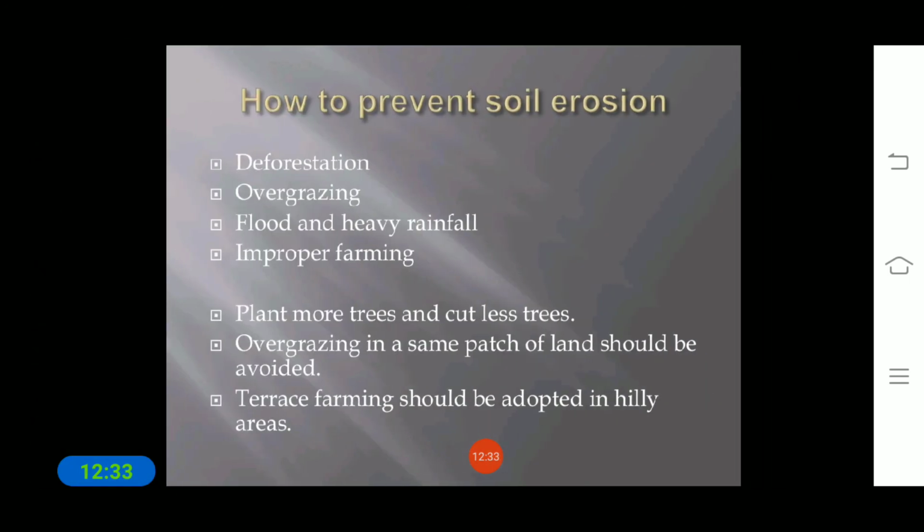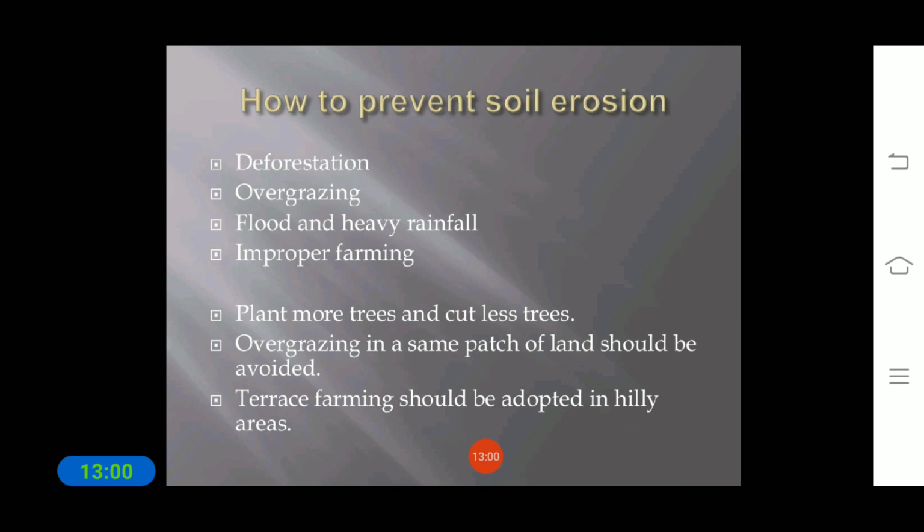Next, how can we prevent soil erosion, which we have discussed? By the action of many things, the soil gets eroded. How can we prevent this? Deforestation should be avoided, and we can grow many plants. Overgrazing, floods and heavy rainfall, and improper farming cause erosion.